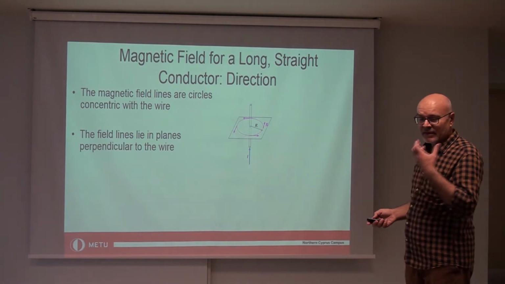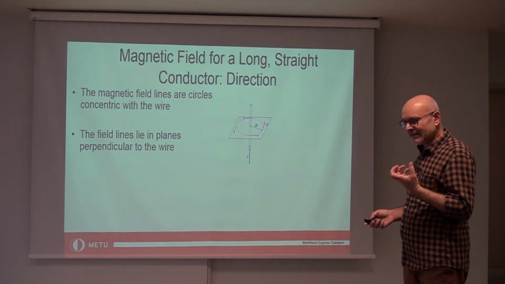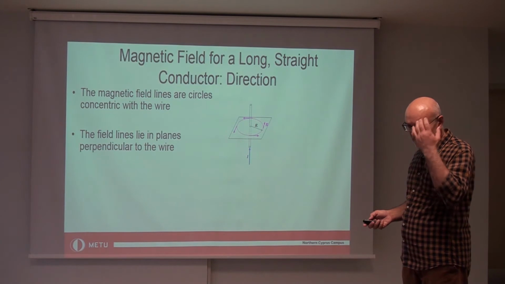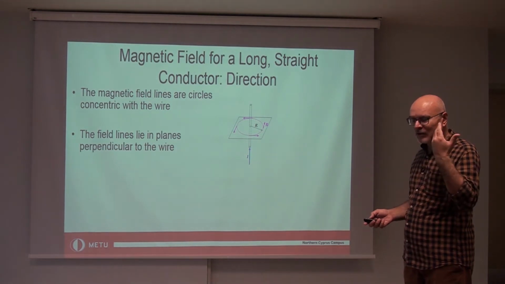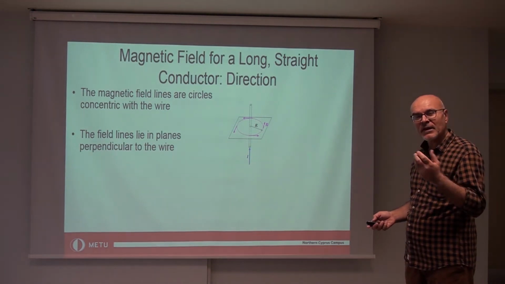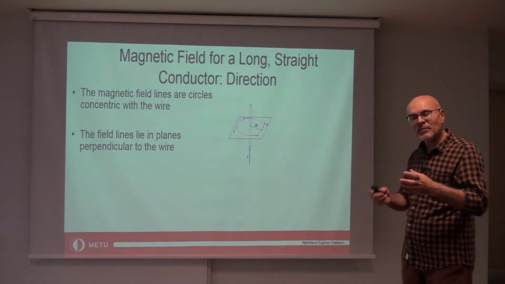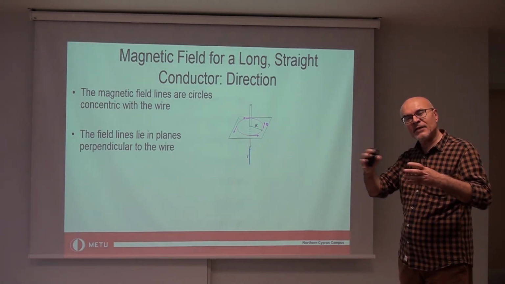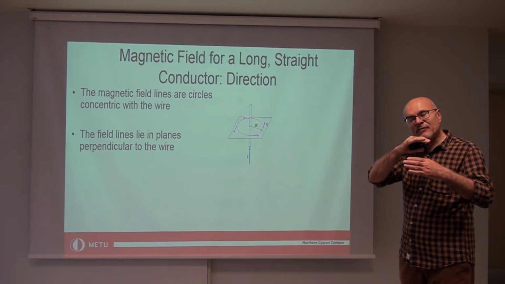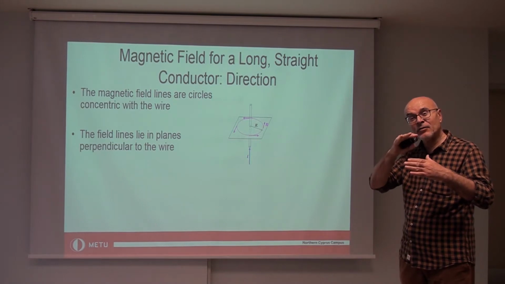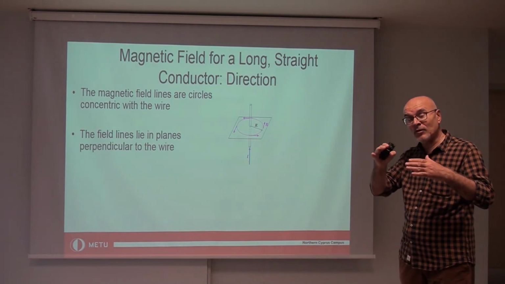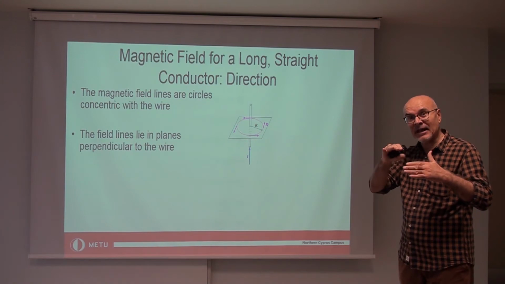Now this makes us recall what we had in the case of the electric field. In the case of the electric field, you remember, we were drawing field lines and we were assigning the rule that the direction of the electric field at any point is tangent to that field line.